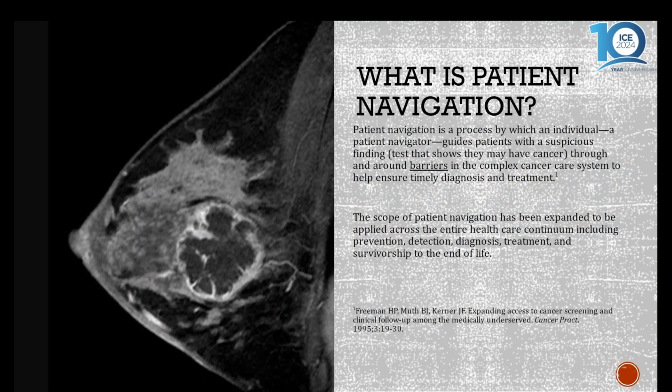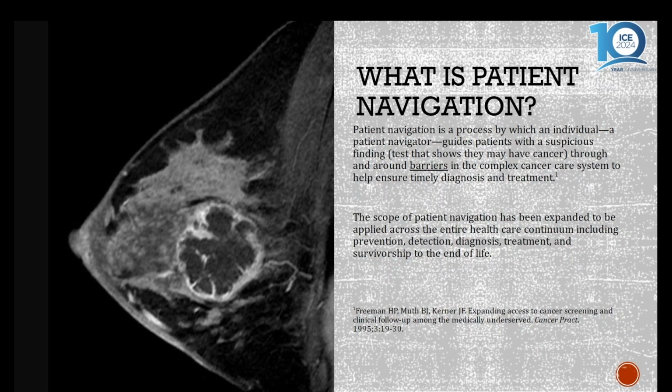So what is patient navigation? Patient navigation is a process by which an individual, a patient navigator, guides patients with suspicious findings through and around barriers in the complex cancer care system to help ensure a timely diagnosis and treatment.